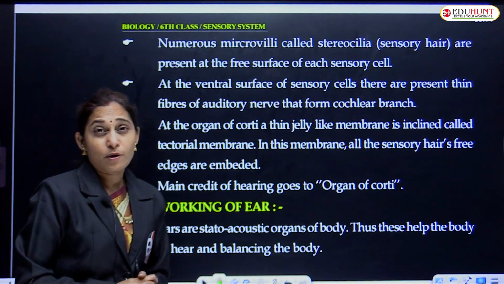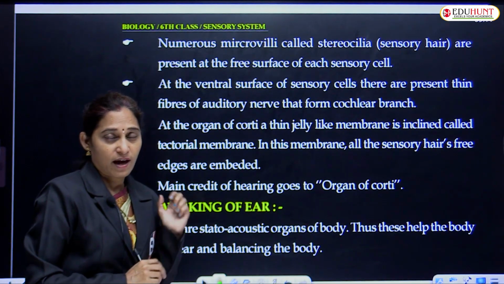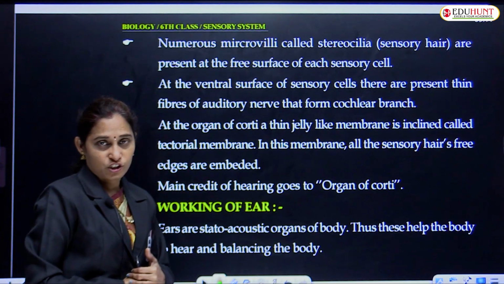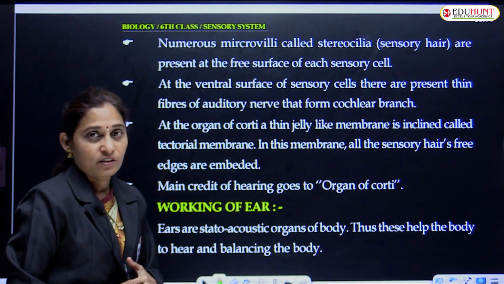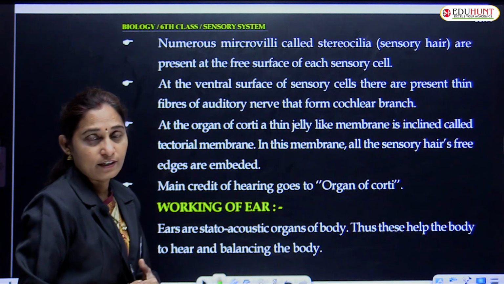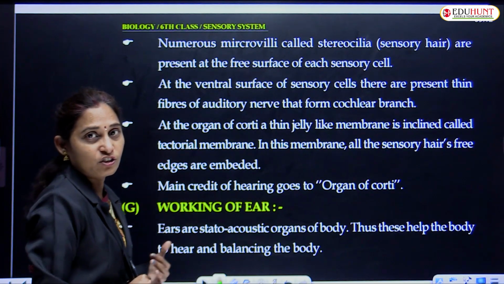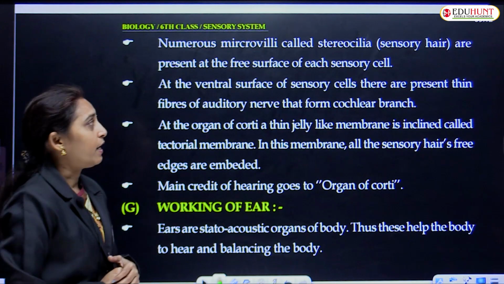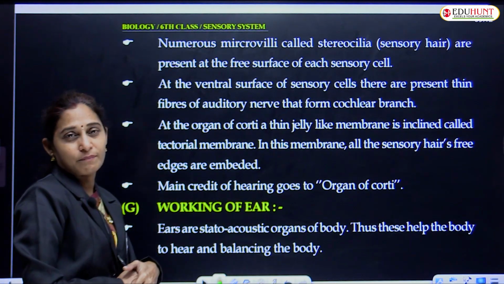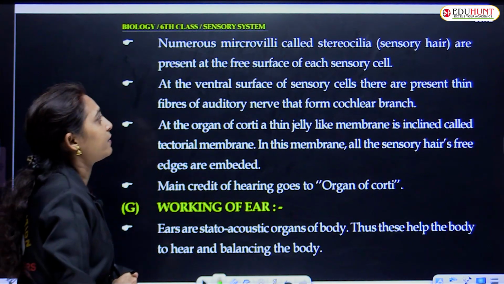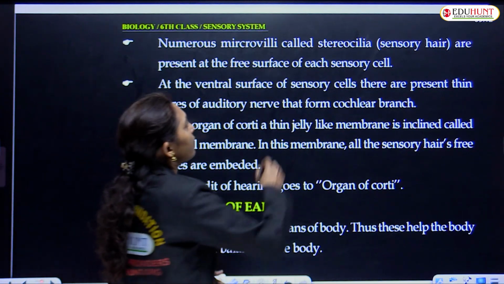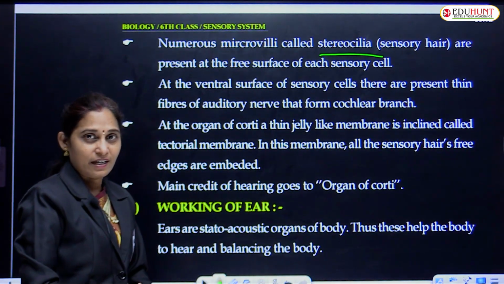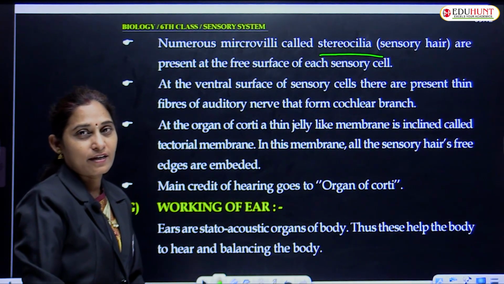And there are a number of microvilli. As we have seen in the previous session, there are pillar-like projections in the ridge in the cochlear canal, and these ridges consist of a number of microvilli. Here also numerous microvilli are present, called stereocilia, or sensory hairs.